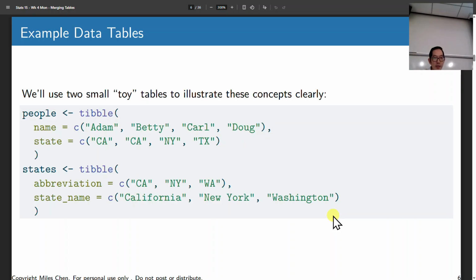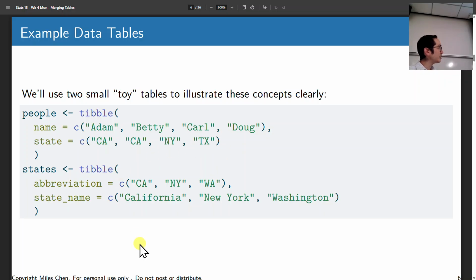Okay. All right. Just to illustrate these examples, we're going to use very, very small toy data tables to show what's going on. And all of these things will just generalize to a much bigger version. Okay. So I have the people table and I have the states table. We have Adam, Betty, Carl, and Doug, and they come from CA, NY, TX.